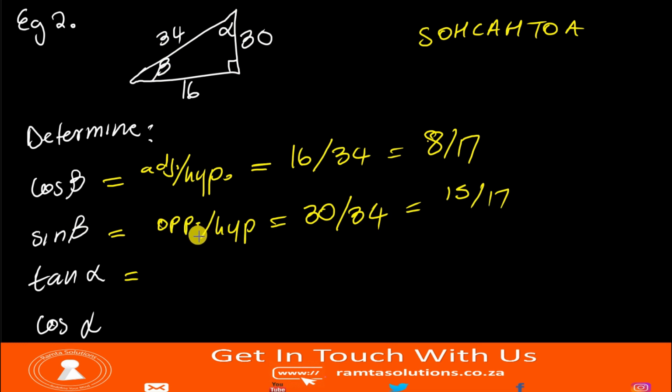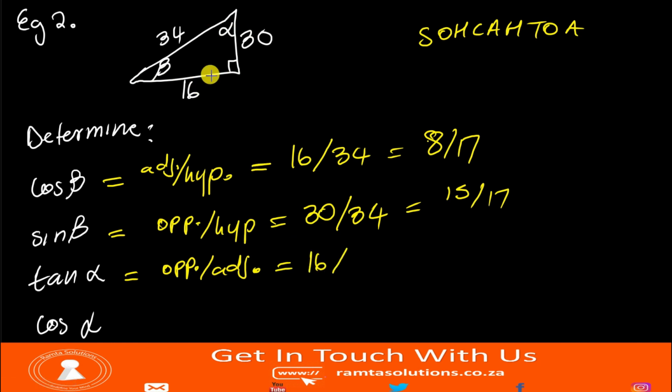Now, proceeding, we go into tan alpha. This is alpha. If you recall, tangent was opposite over adjacent. Now we're looking at angle alpha. The one that is opposite alpha is this one here. It's opposite, which is 16.